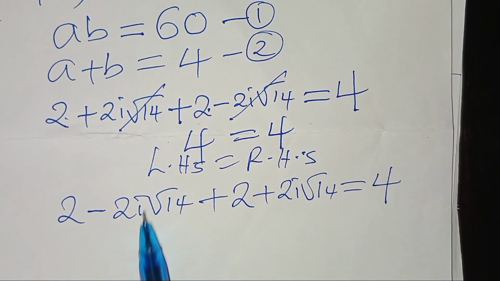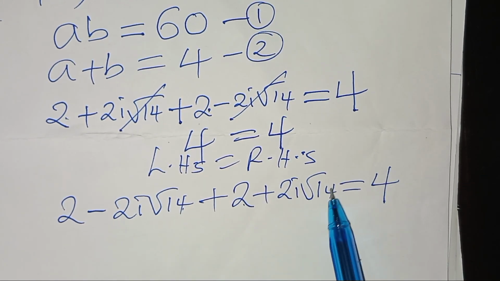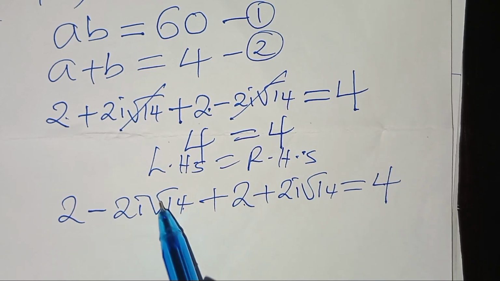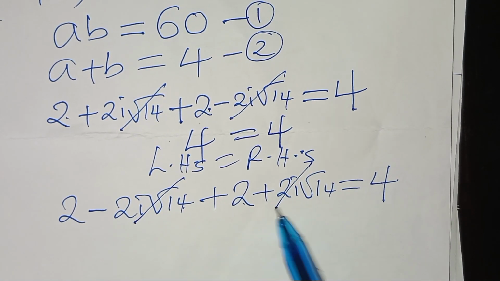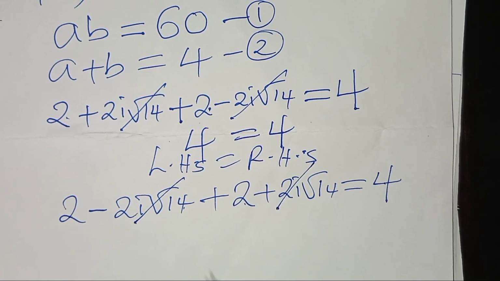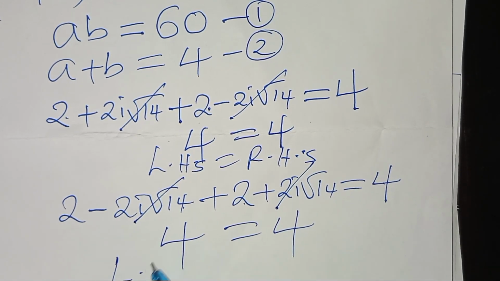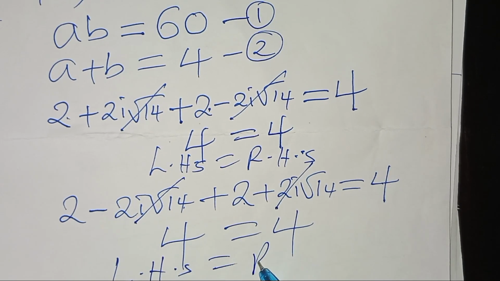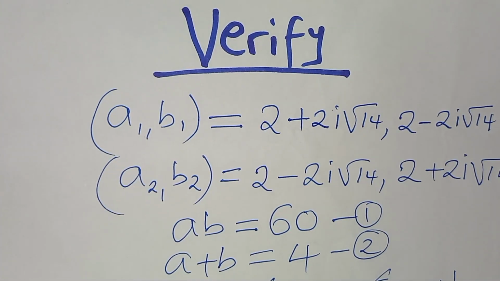We have 2 minus 2i square root of 14 plus 2 plus 2i square root of 14, which should give us 4. The 2i and negative 2i cancel, so we'll have 2 plus 2, which is equal to 4. That shows that the left-hand side is equal to the right-hand side, and that A1, B1 and A2, B2 satisfy the equation.